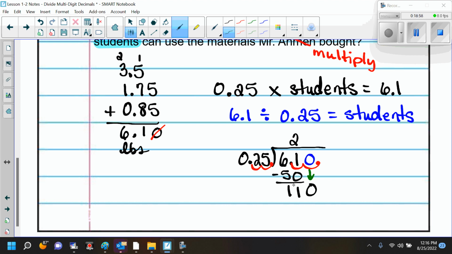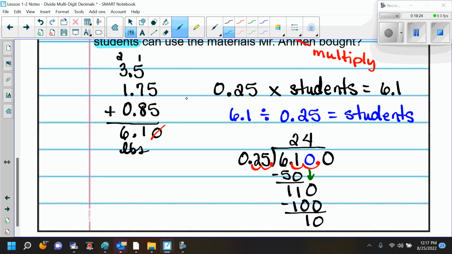Now, 25 goes into 110 4 times. So 4 times 25 is 100. And then we subtract. And then we have to annex another 0 here, because we don't want to have any remainder.